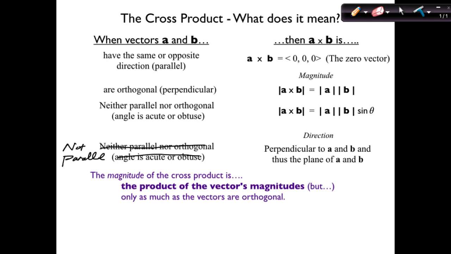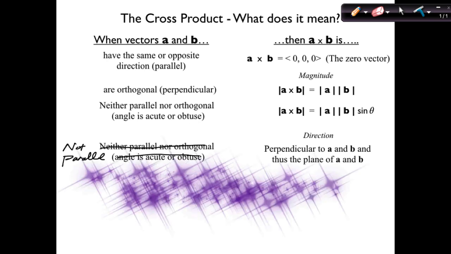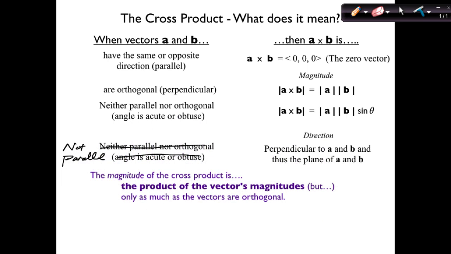Okay, the direction of the cross product. That's our big takeaway here. The direction of the cross product is orthogonal to the original two vectors, and thus the plane formed by those vectors, but then we have a choice. Say this is the plane here: is it this way or this way?